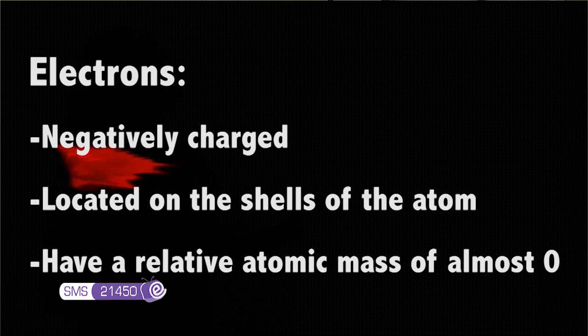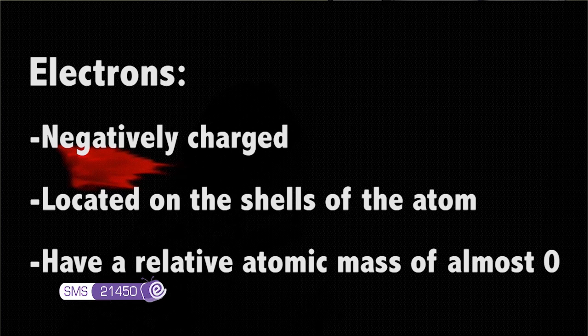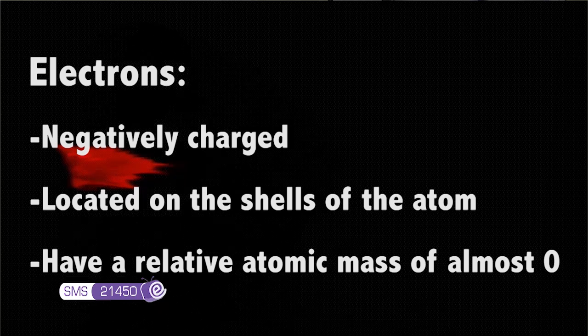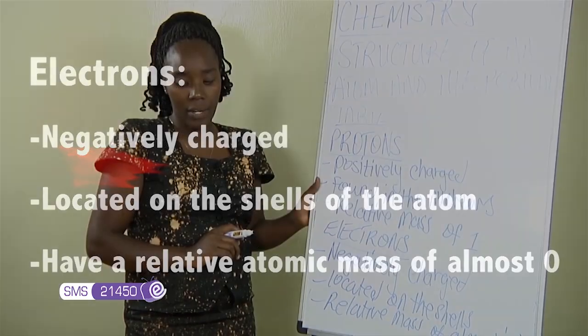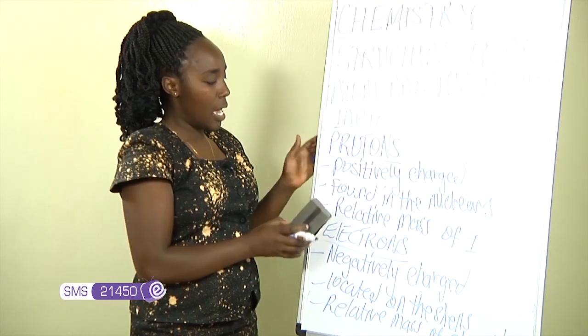Number 2, they are located on the shells of the atom. Number 3, they have a relative mass of almost 0. So those are electrons that are found in an atom.